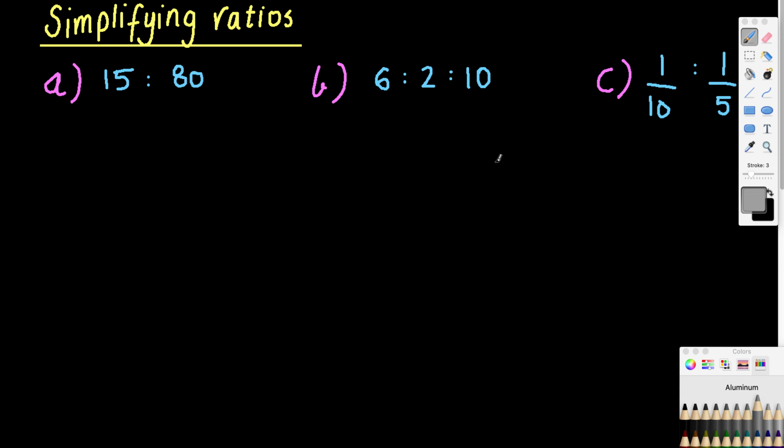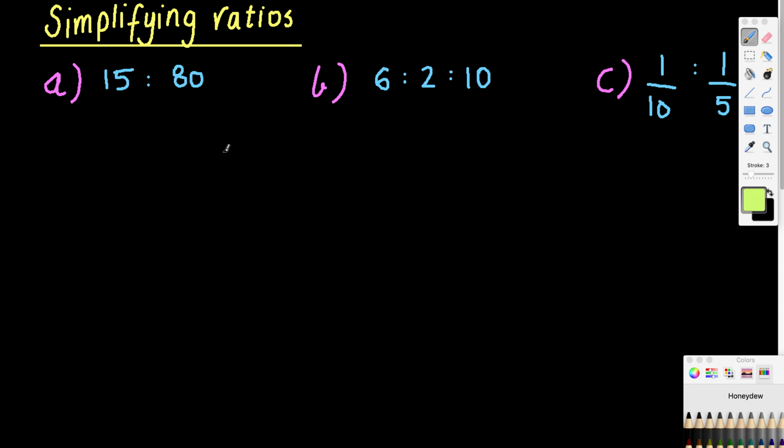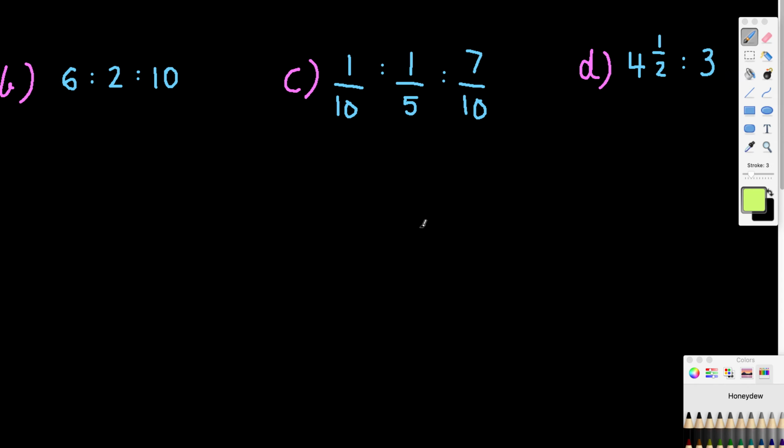If you have a look here, we've got 15 to 80, and we want to simplify it so that we've got two numbers that share no more common factors apart from 1. So you want to consider what your highest common factor would be when you are simplifying just with whole numbers like this. It's a bit different when we get to fractions, so we'll do that in a moment.